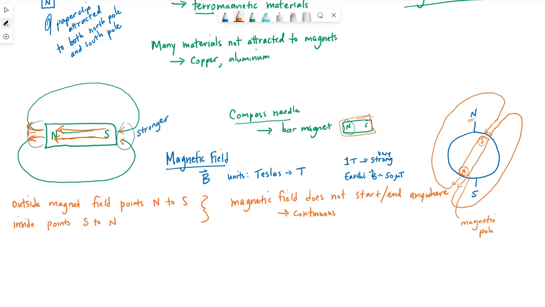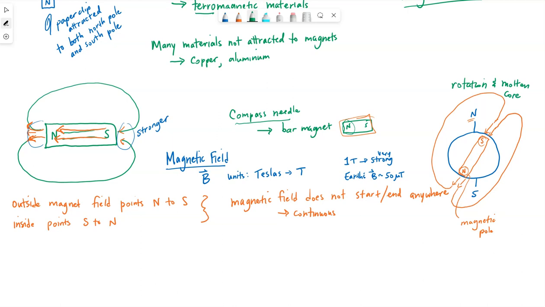The Earth's magnetic field, though, is shifting with time, and it is not fully understood why. The current belief is that the Earth's magnetic field is due to the rotation of the Earth and the partially molten core.